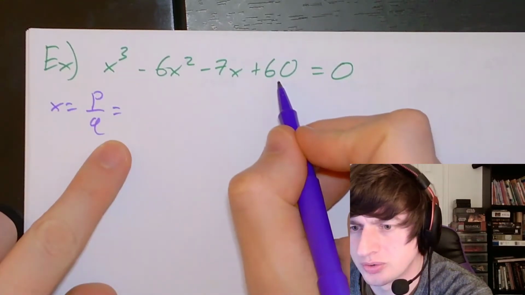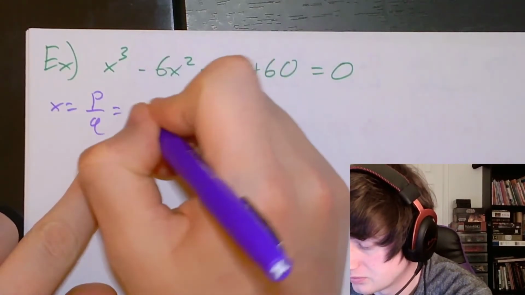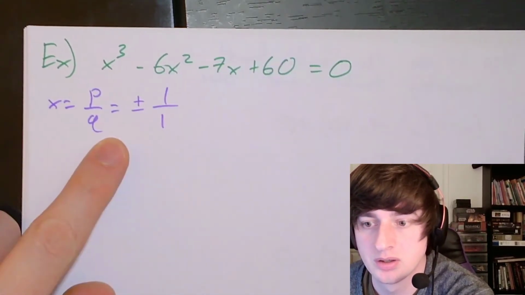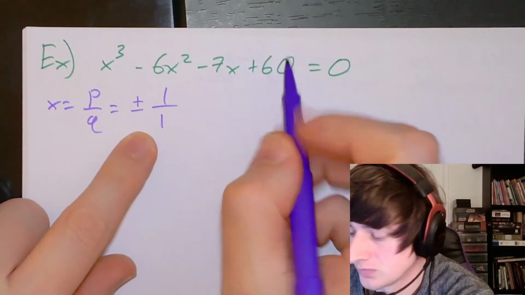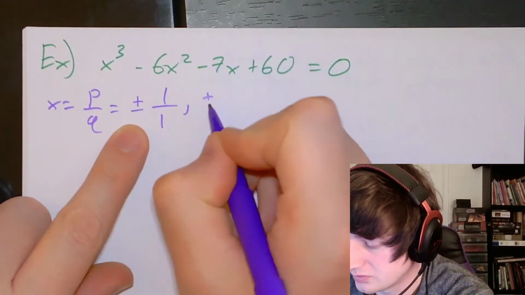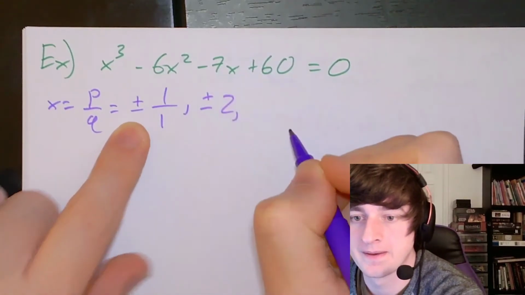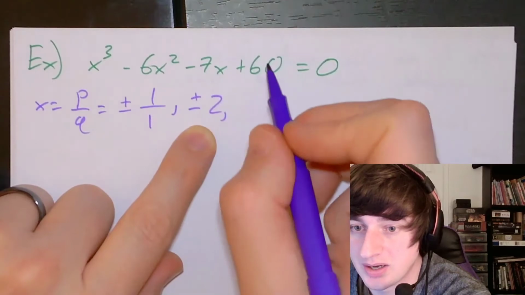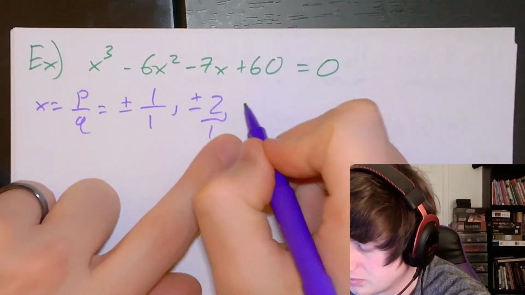Okay, so start with the small ones. Positive or -1, oh, these are all going to be divided by 1 again, but positive or -1. And then we can divide 60 by 2, so positive or -2. And then we can divide 60 by 3. Oh, this should be over 1, plus or minus 3.